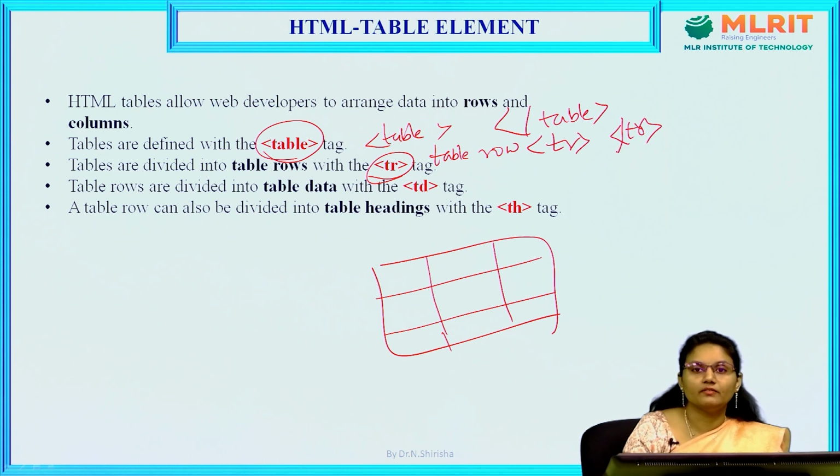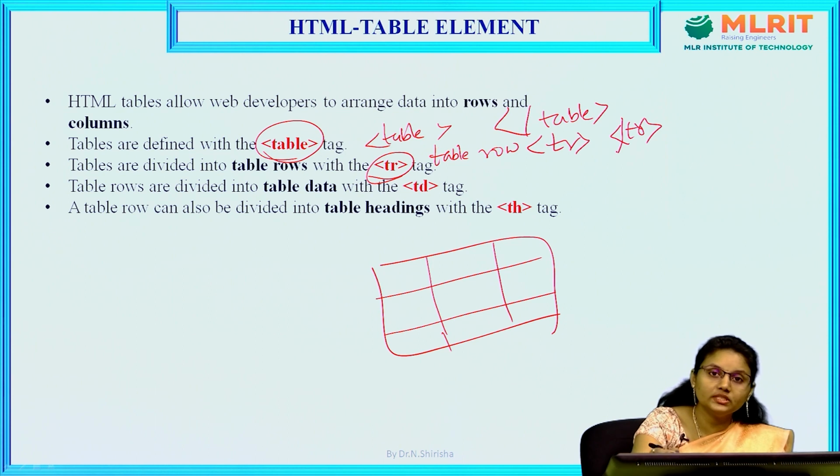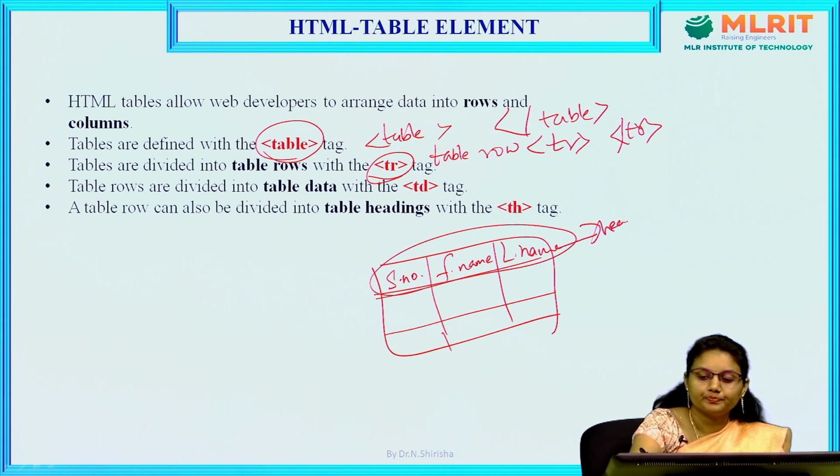The closing tag has a /. Whenever you want to include the data, in every table, say first you will have a serial number, first name, and last name. These are nothing but the headings. So whenever you want to give headings, we use th.